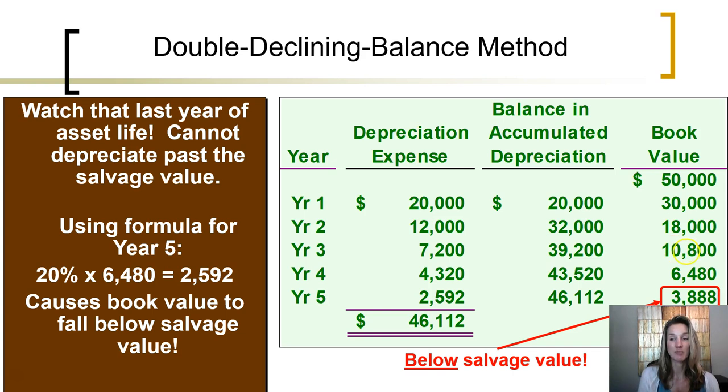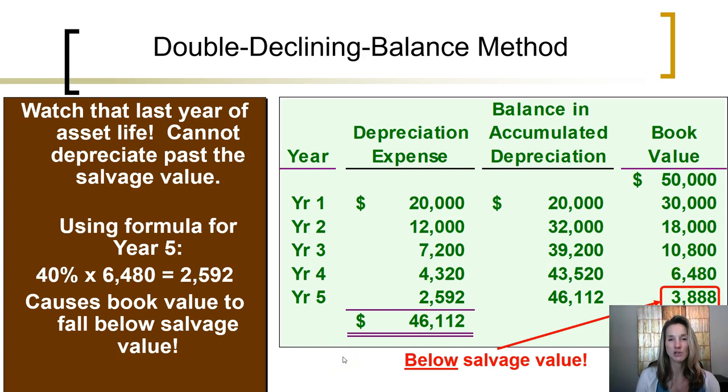Year three's ending book value becomes year four's beginning book value. So we multiply the $10,800 times 40% to get year four's depreciation expense, bringing the balance in accumulated depreciation up to $43,520, and the book value falls to $6,480.